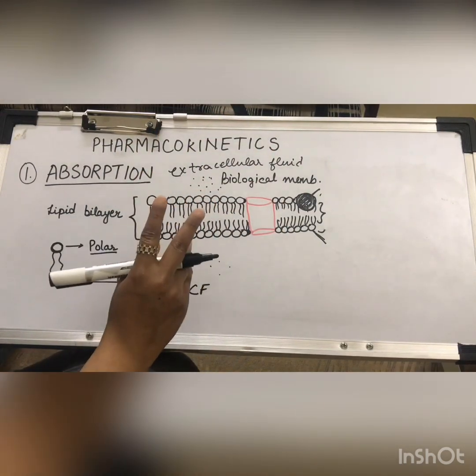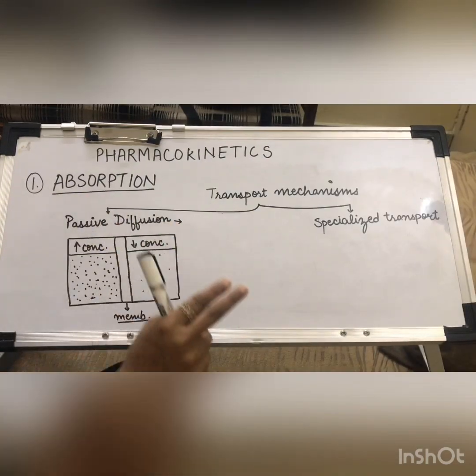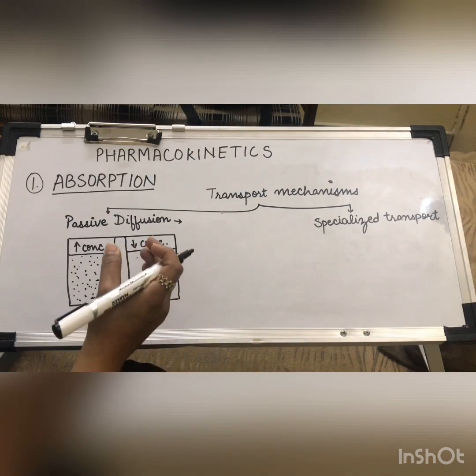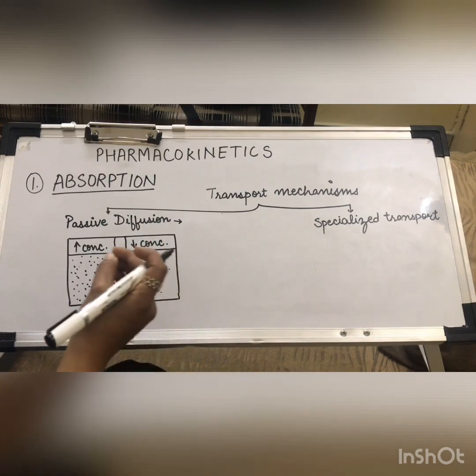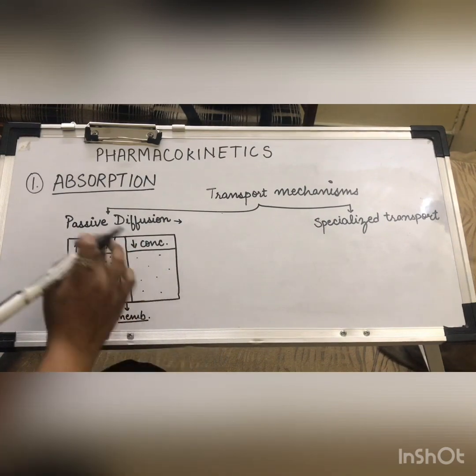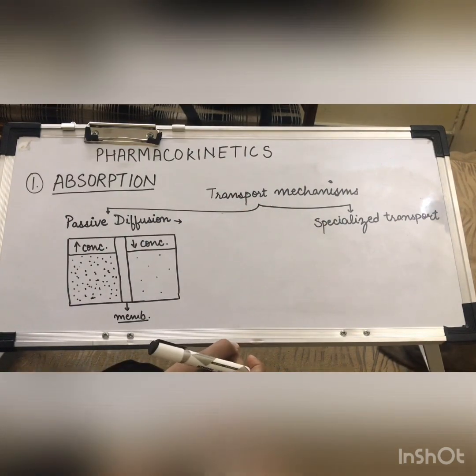There are two major types of transport mechanisms for the transport or absorption of the drug from extracellular fluid to intracellular fluid. These are passive diffusion and specialized transport.